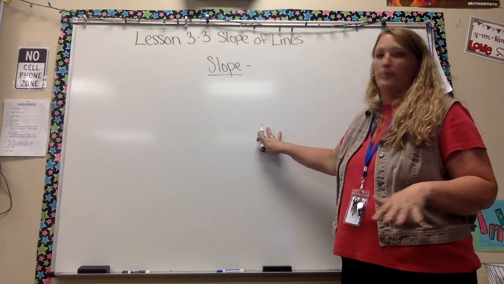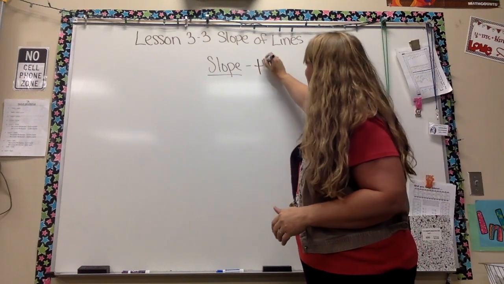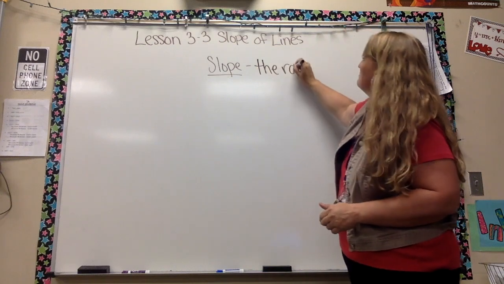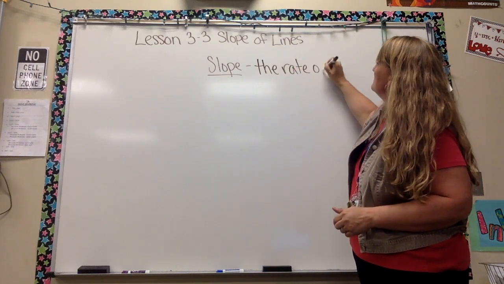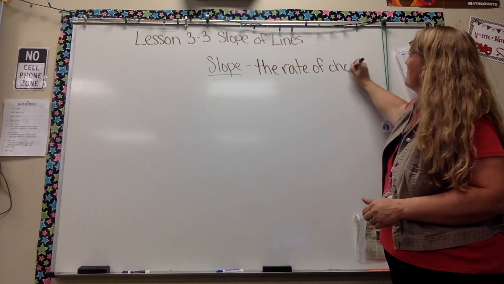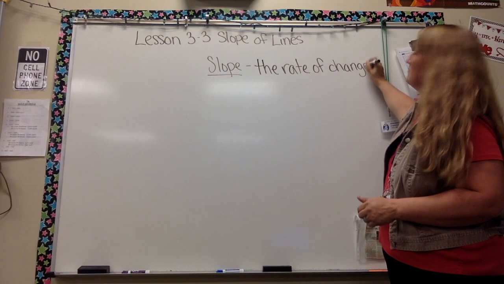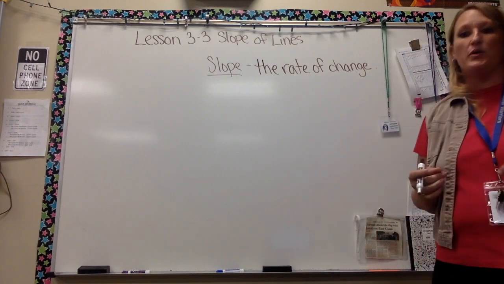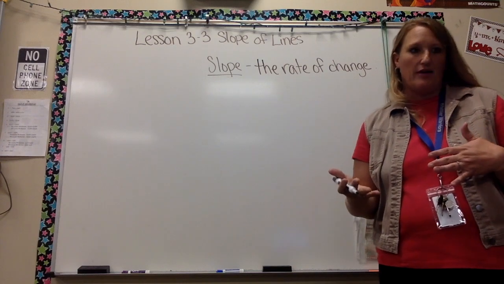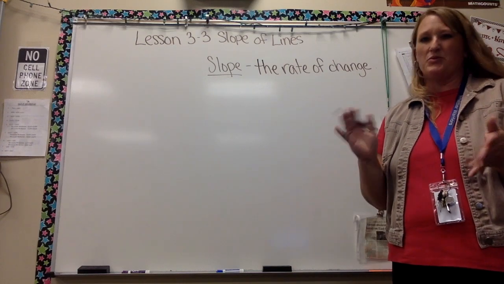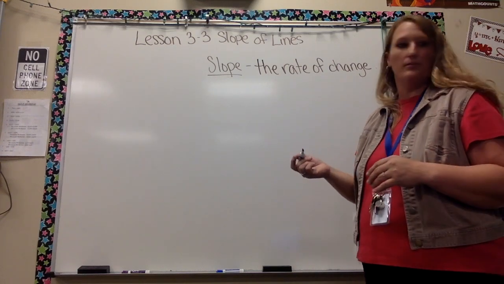So we have slope. Slope is just the rate of change. It's a ratio between the x values and the y values between 2 points on a line. Not a big deal.